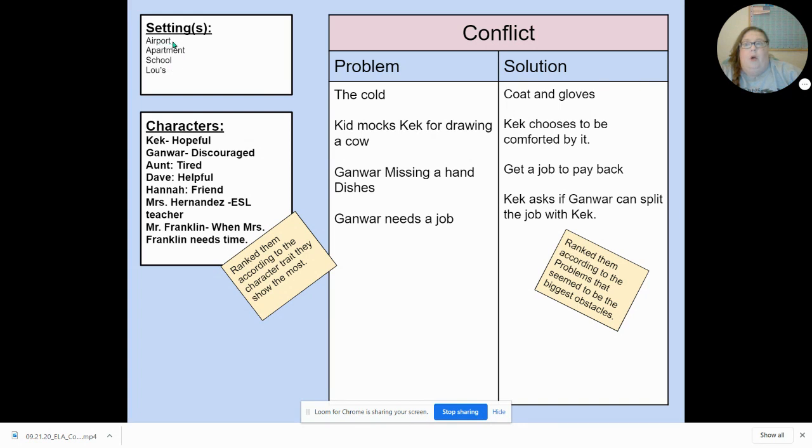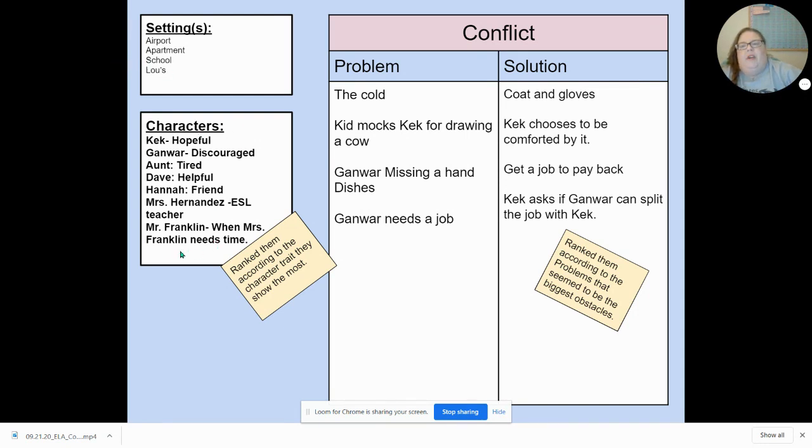So for example, Keck was in shock when he was at the airport because it was just complete culture shock overload. Then in the apartment, he felt a little home, but not completely home. And then at school, and finally, he finds some peace and confidence at Lou's place.